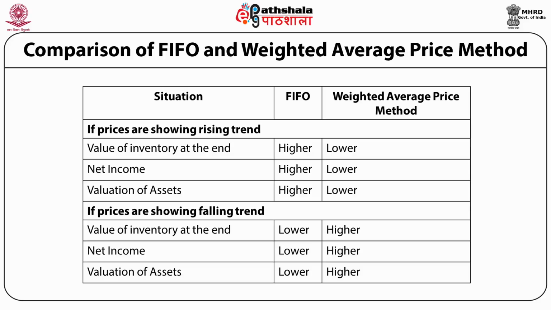In the first situation, when prices are rising, the value of inventory at the end, net income, and valuation of assets are higher in the FIFO method as compared to the weighted average price method. Whereas if prices are falling, the value of inventory, net income, and valuation of assets are lower in the FIFO method as compared to the weighted average price method.